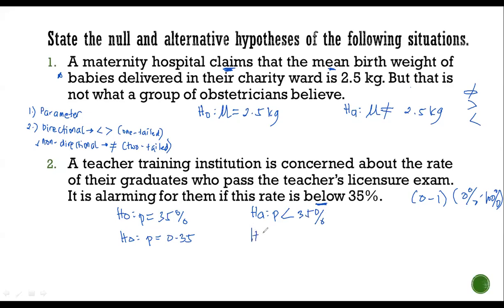Pwede rin namang decimal value, p less than 0.35. Good job, guys. So, ganyan lang ang pag-state natin ng null at saka alternative hypothesis mathematically. Okay? Math naman ang subject natin. Bakit pa tayo mag-words?